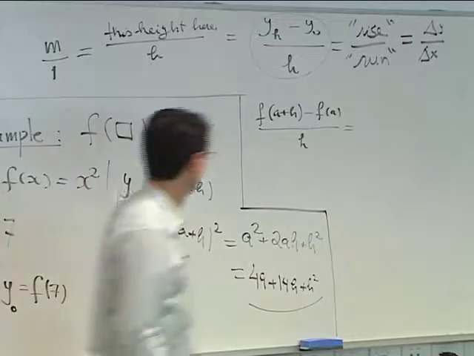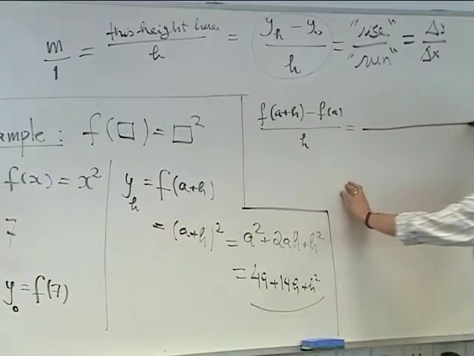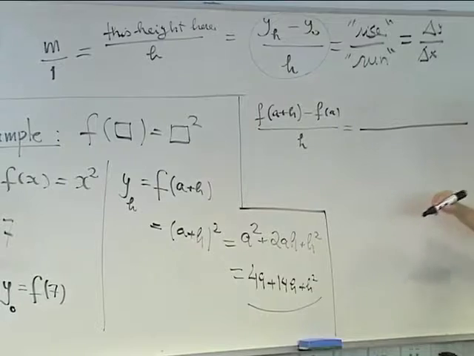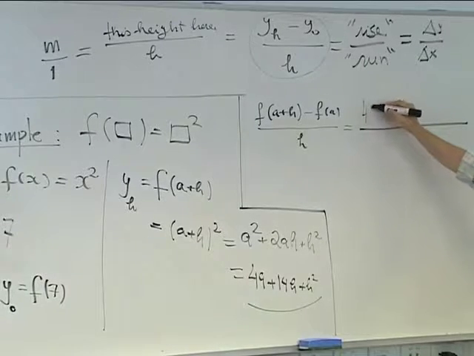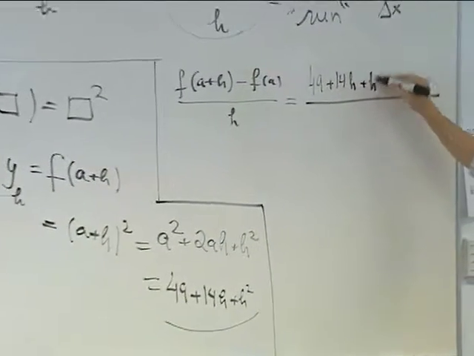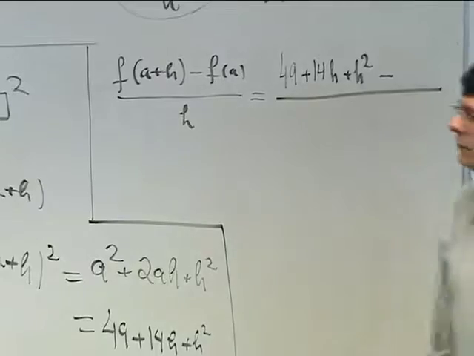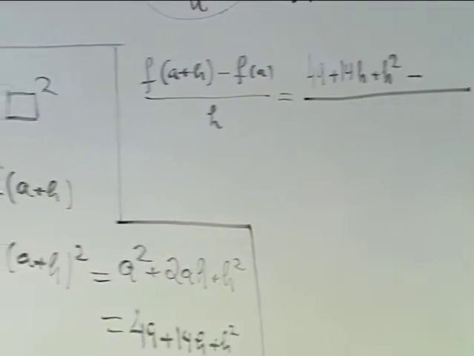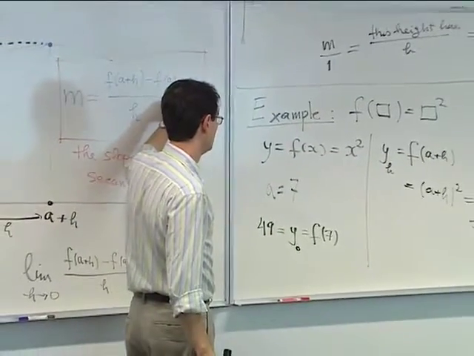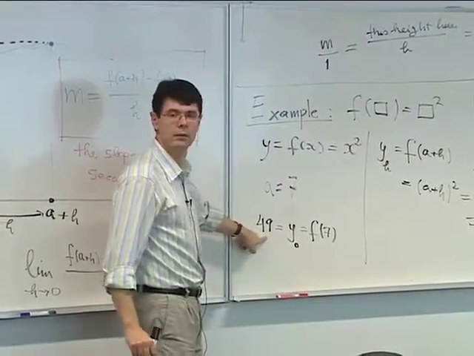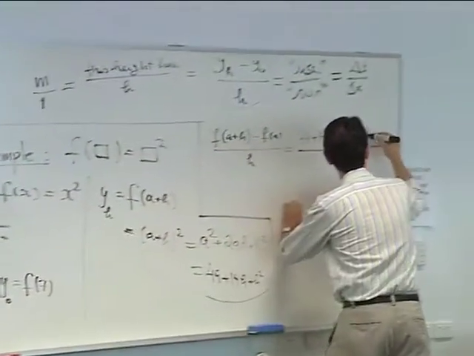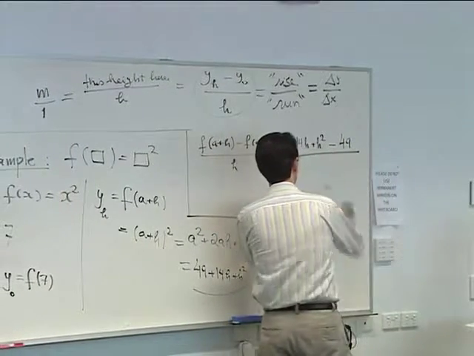Okay? 49 plus 14h plus h squared. Take away f of a. f of a is 49. So take away 49. Divided by h.